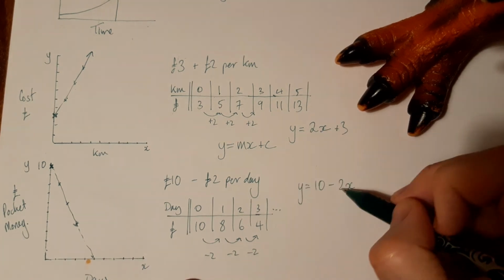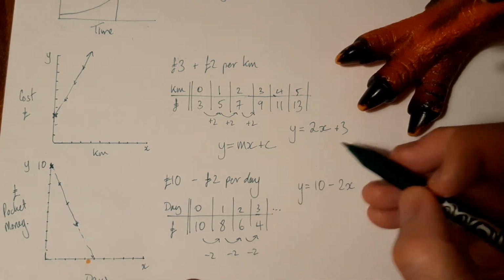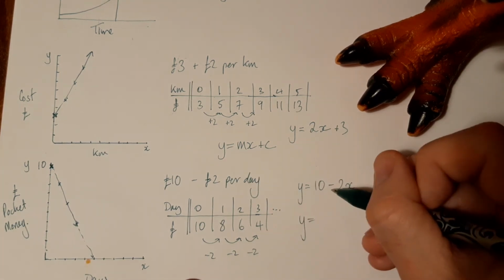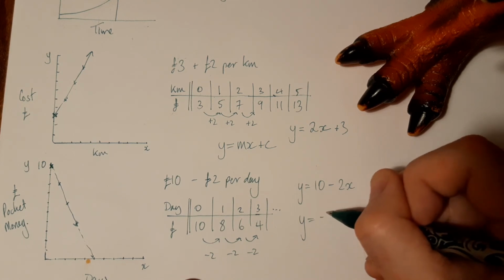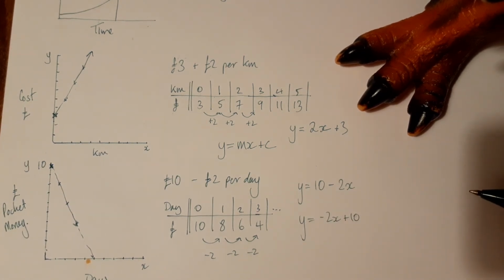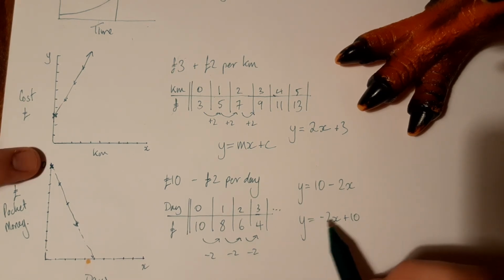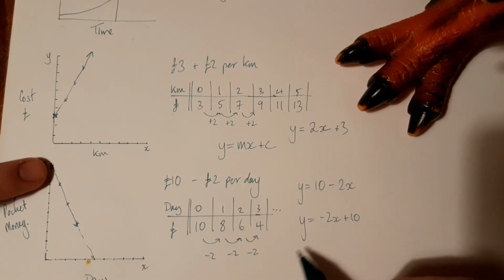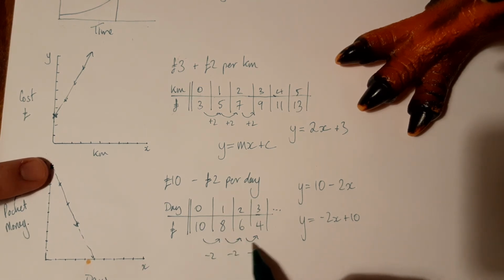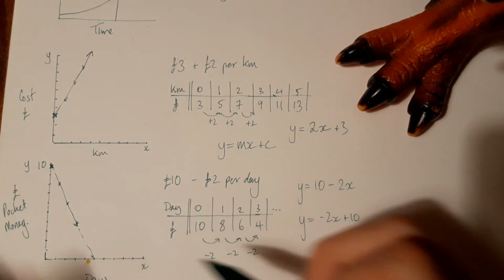If I wanted to switch it up and write it in this format with the MX plus or minus first, I'd write Y equals minus 2x, that minus belongs to the 2, plus 10. I can see that this number on the end is just a starting point. This minus 2 is the rate of change. It's saying we're going down 2 across 1, down 2 across 1, down 2 across 1.